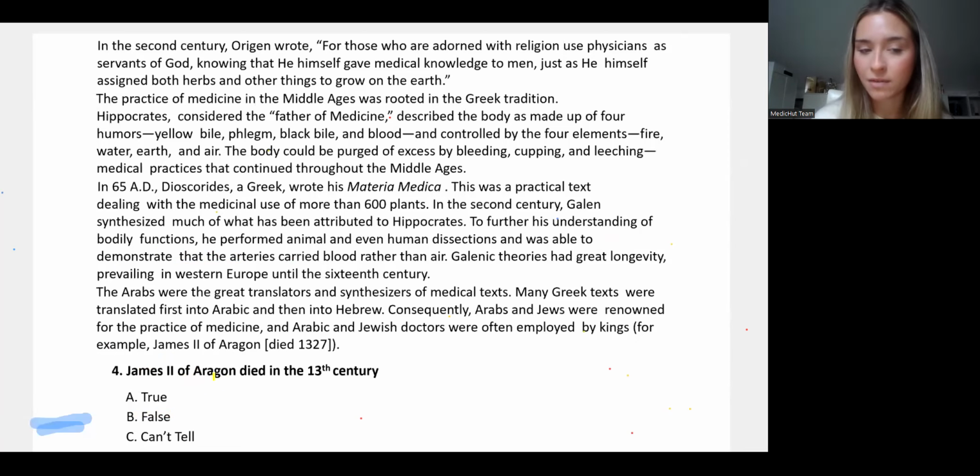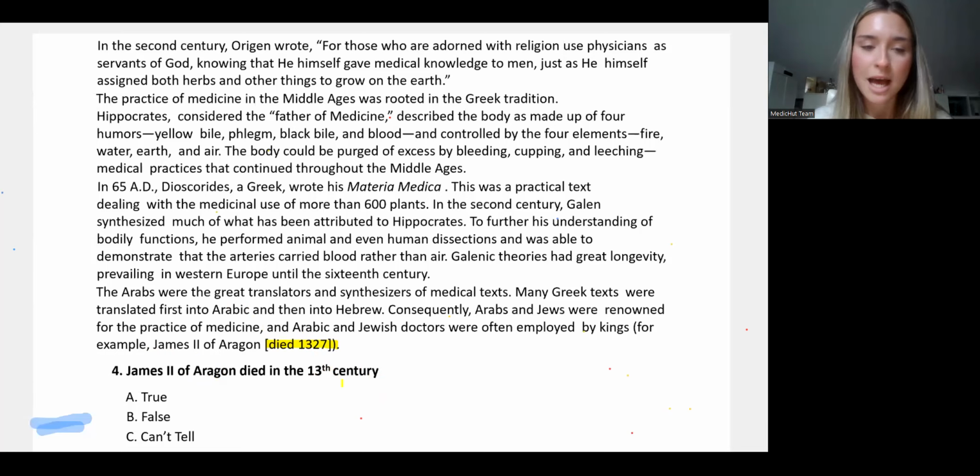In this case, James II of Aragon would probably be quite a good keyword to scan for. It says here that he died in 1327, which is not the 13th century, it is the 14th century. People often get caught out with how centuries work within the UCAT exam and the verbal reasoning section per se, so I would make sure that you familiarize yourself with how the centuries work.